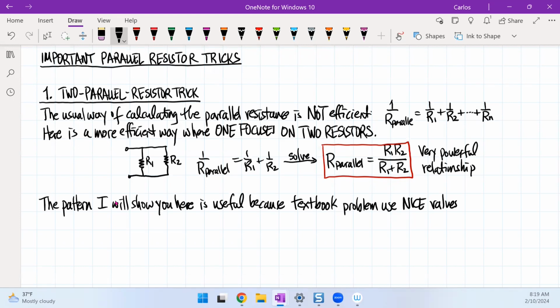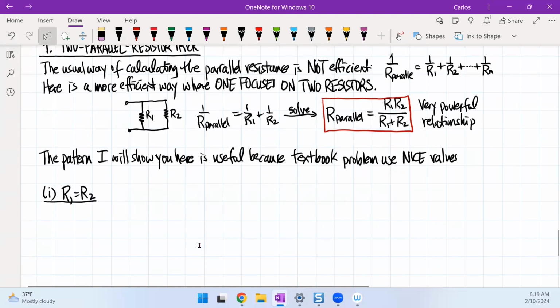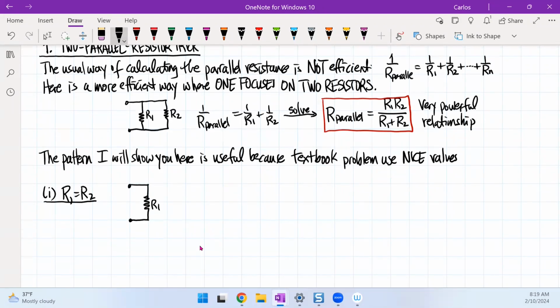So the first thing you want to do is start looking at values. Let's say that we have R1 is equal to R2. That's the first pattern we want to look at. So if you look at this, of course, I'm going to have two resistors, R1 and R2, and in each case I'm going to have the exact same picture, so I won't draw this again.